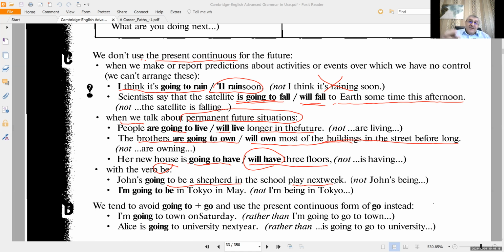going to be حيكون. ليش هنا؟ برضو عندي intention، هناك نية. I'm going to be in Tokyo in May.